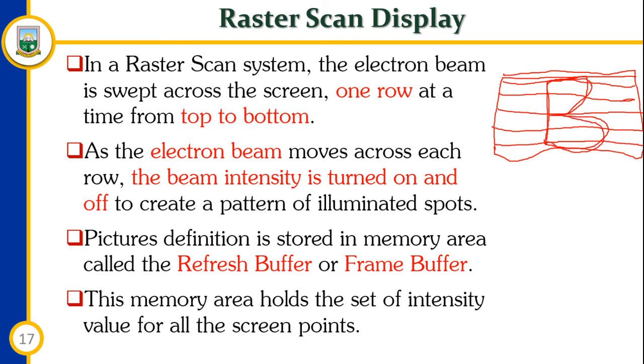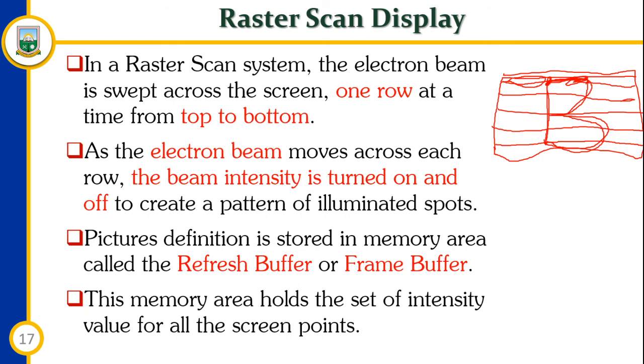forgive my drawing, as the beam is swept across the row, the intensity over here would all be turned off. But when it gets to the point which is supposed to draw the character B, the intensity increases on the screen, and of course it will increase again. At this point, the intensity is turned off.